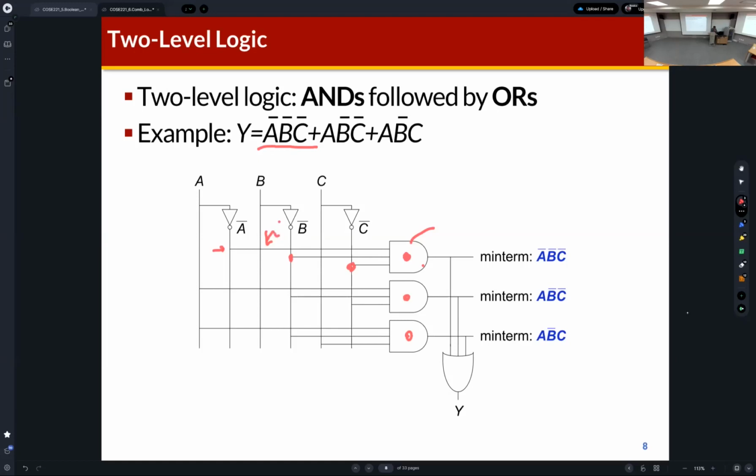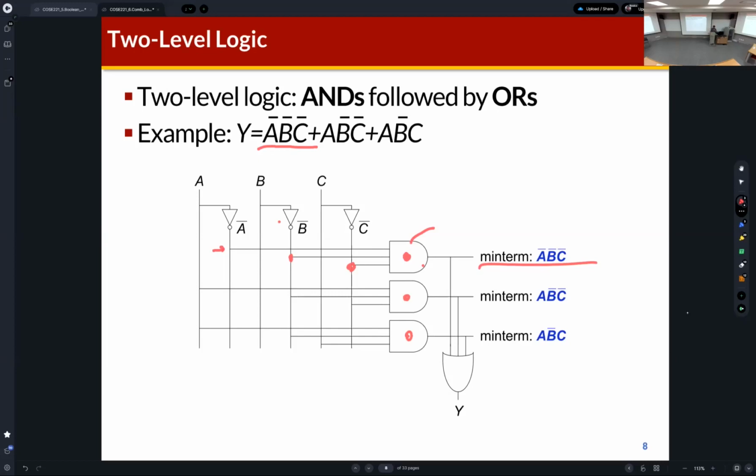Which means the first input of this AND gate is connected to not A, the A bar. The second input of this AND gate is connected to not B, and the third input is connected to not C, and then we can generate this term, A bar, B bar, and C bar.